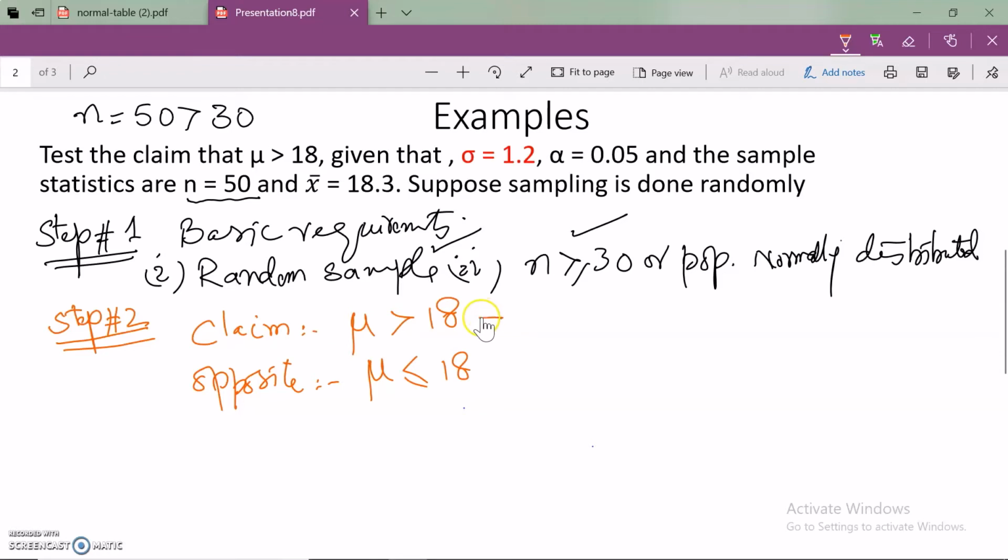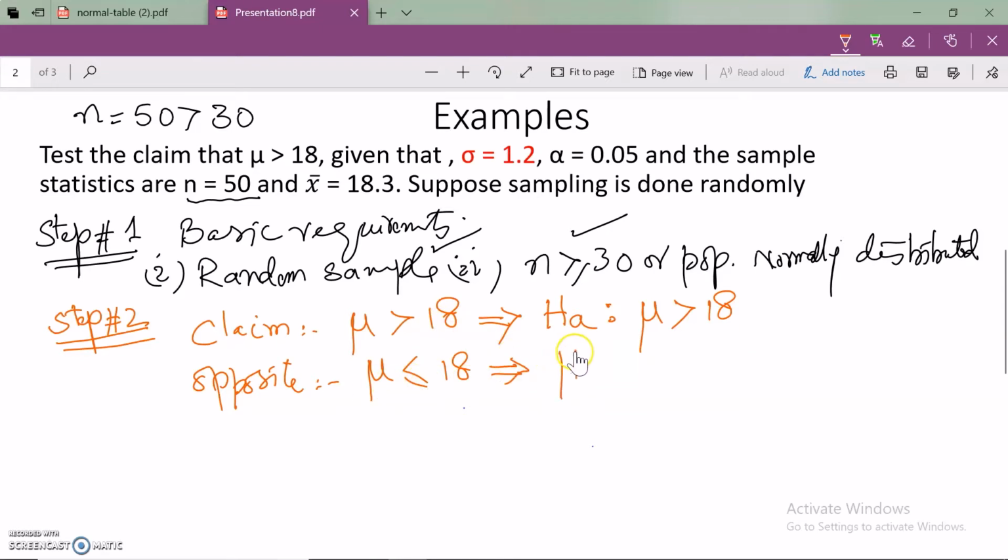Recall from our earlier discussion, null hypothesis never contains the greater than symbol, never. So if this is not a null hypothesis, this should be an alternative hypothesis, mu greater than 18. And if this happens to be an alternative hypothesis, this one must be a null hypothesis.